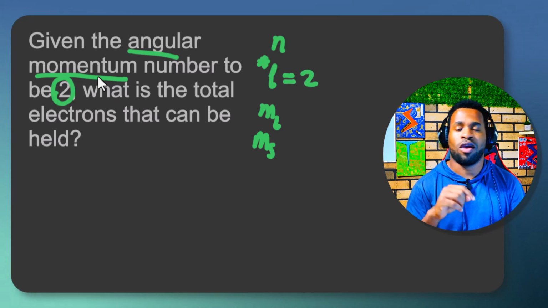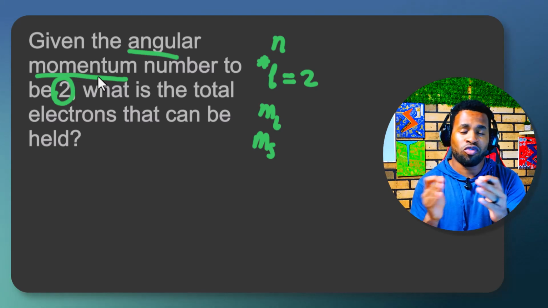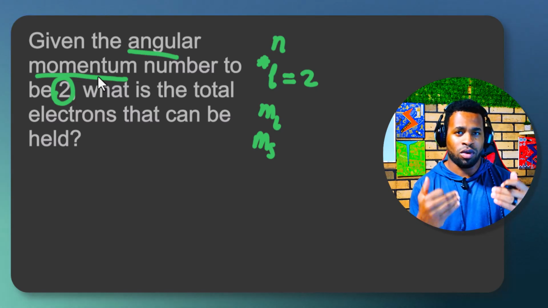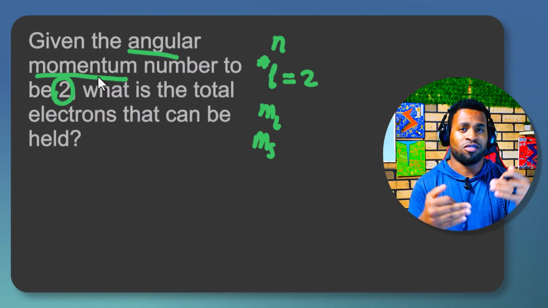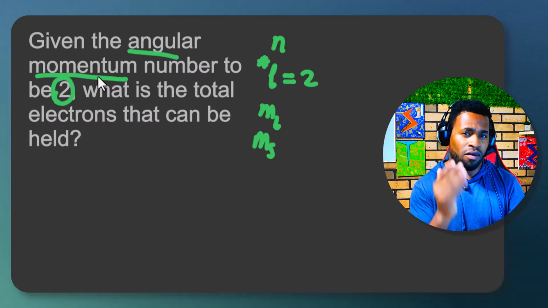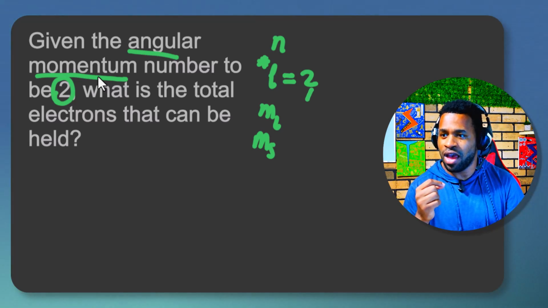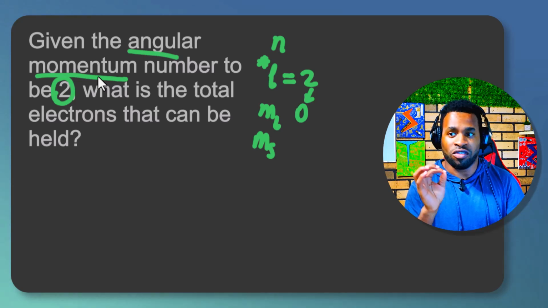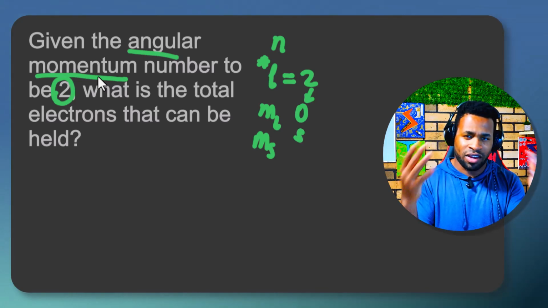When we look at 2, we look at it as a number, but also in terms of sub-level, we look at it based on letters. And these letters describe the shape of this particular orbital. The shape is s for the 0 number, and the s represents that it is spherical.